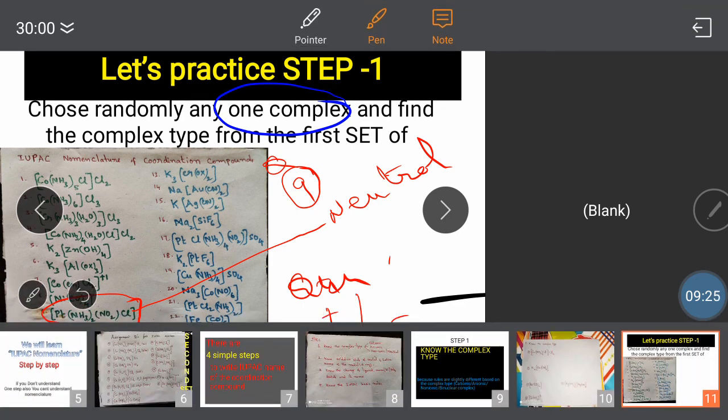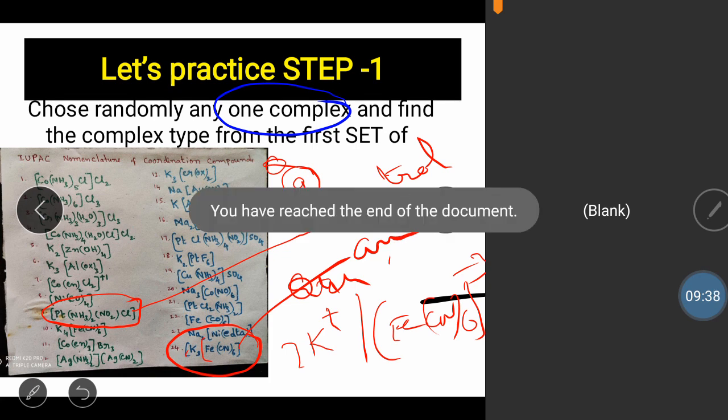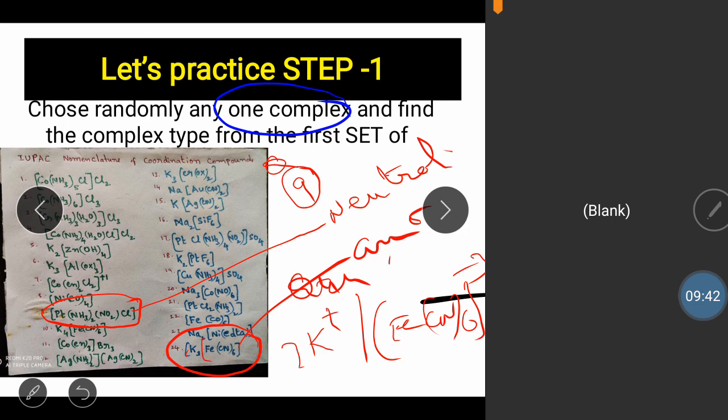What is the complex? Fe(CN)6, and you get minus charge here. So minus 3 plus minus 3. So this is an anionic complex. Please do the same thing for all the examples and find out the complex type for everything, all 24. Okay, thank you.